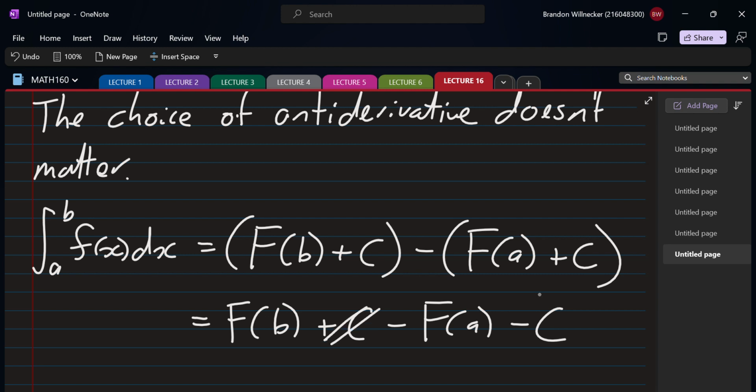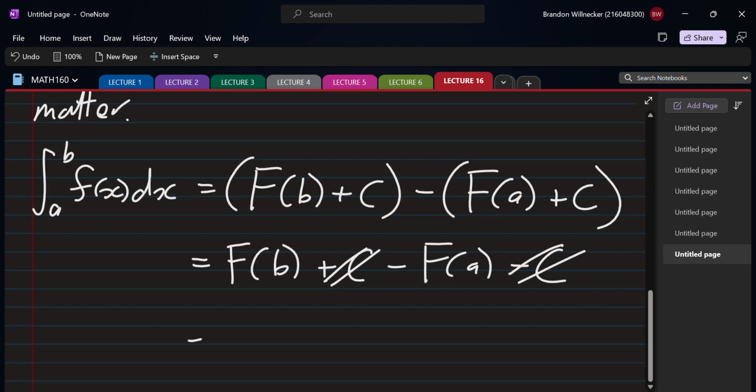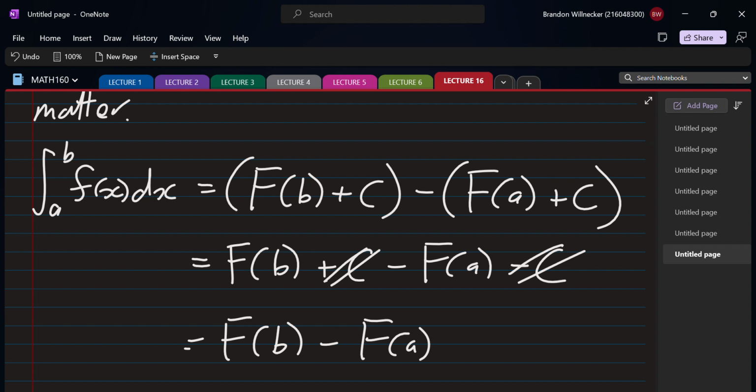But the plus c and the minus c cancel, as you said there, so that goes away and we're left with F(b) minus F(a). So if we chose any constant c, it doesn't matter what it is, in the next line it automatically goes away. That means it doesn't matter.